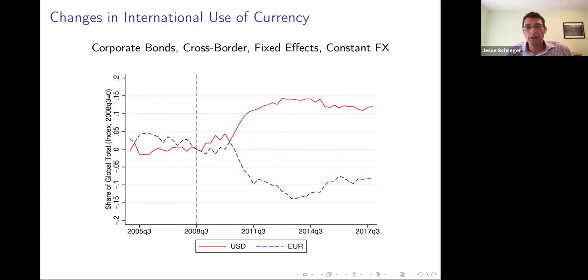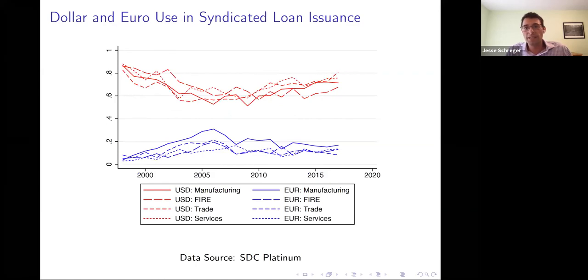And going to the earlier question on whether we see something similar in bank loans, we look at this using microdata from syndicated loan issuance from SDC Platinum. Here we can split the type of firm that issues: manufacturing, finance, investment, real estate, trade, and services. And again, we see a very similar pattern of this rise of the dollar and decline of the euro over the last decade plus.